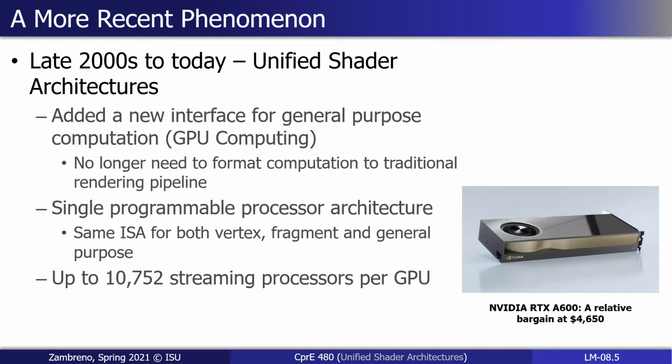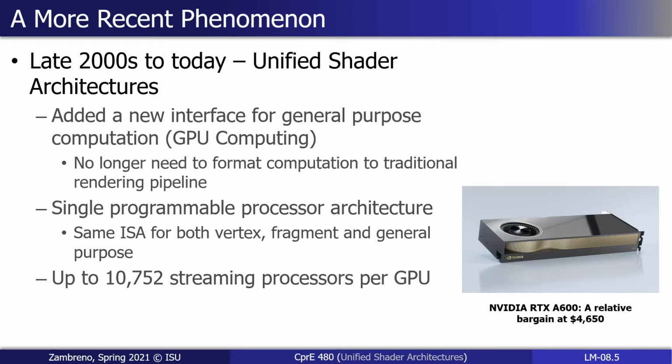In fact, the changes between the generation of split vertex and fragment shaders versus the first generation of unified shader architectures is a very subtle difference. We'll have to kind of squint to see the actual difference here. But it allowed just enough hooks so that we don't have to format our computation to map to that general fixed function rendering pipeline.